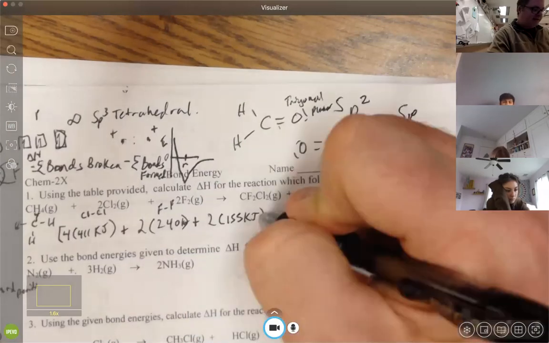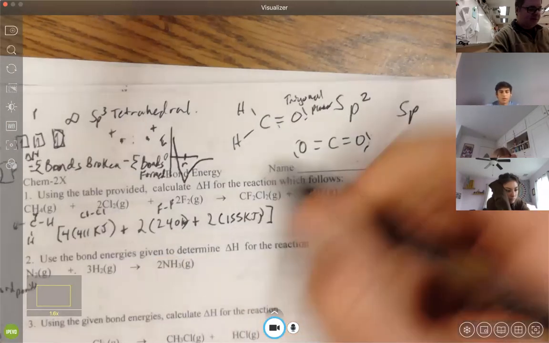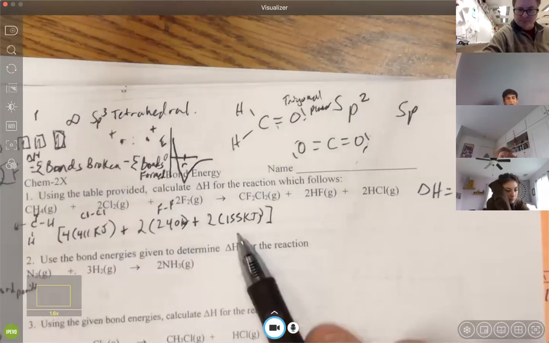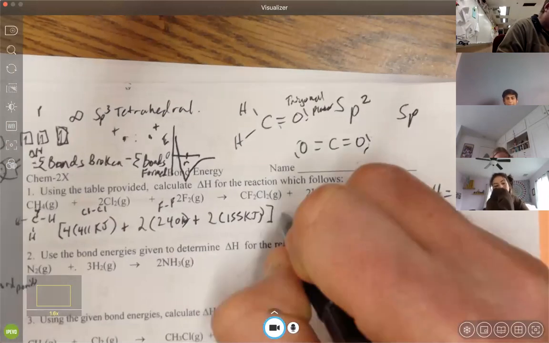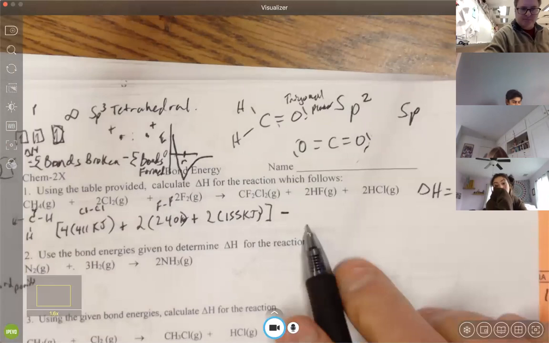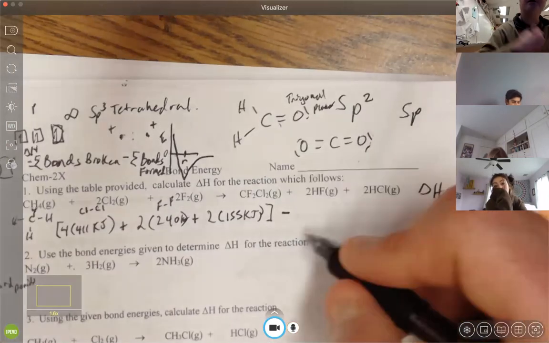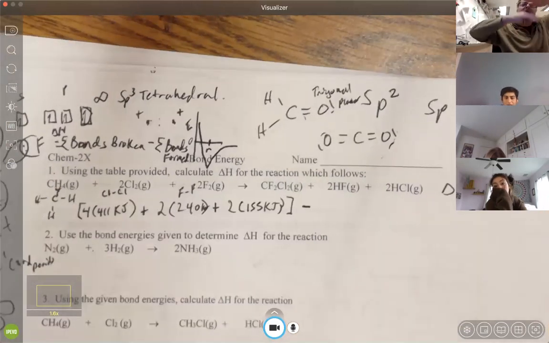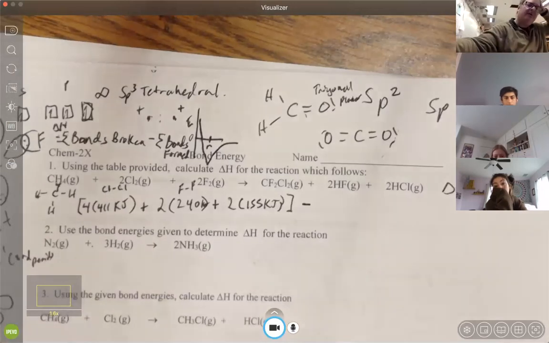So if we add this up, that is the sum of the energy needed to break these bonds. Then we must subtract the energy of the bonds formed. If we subtract this, that will tell us the difference between the energy that we required to break the bonds and the energy of the bonds formed, and that will tell us how much excess energy we have given off.